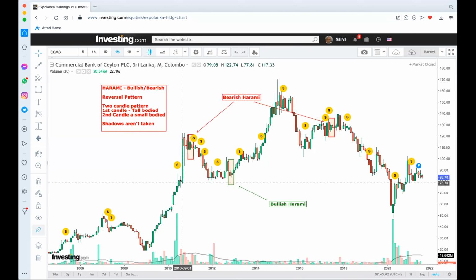Within a consolidation, you see there is accumulation happening, right? Accumulation is something that the buyers are doing. And at the same time, you see distribution happening. Distribution is something that the sellers are doing.